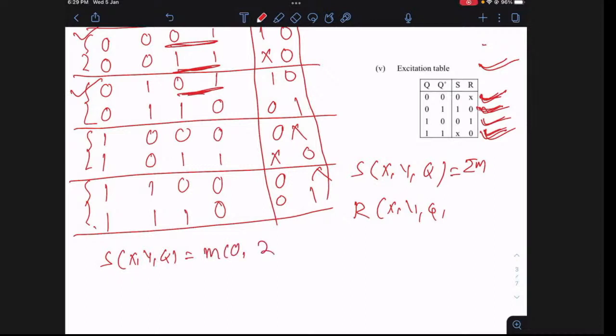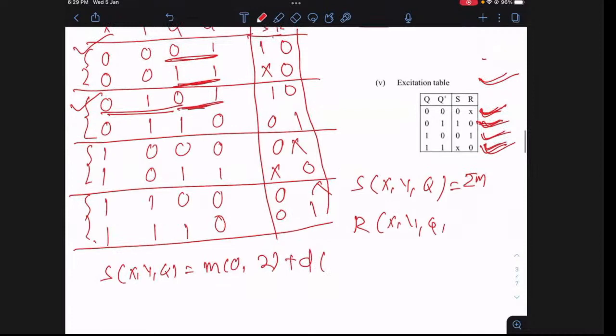Then you have 0 and 2 only. Along with this, the don't care combinations, that is 1 and 5.